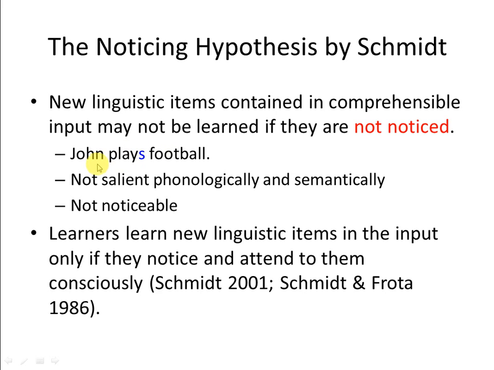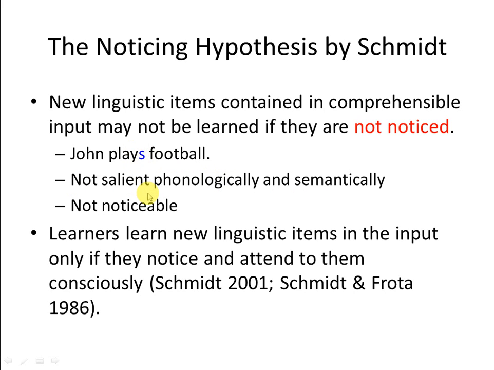So for example, in this sentence, John plays football, we have third person singular s. But usually third person singular s is not salient phonologically and semantically. So it is not salient in sound and in meaning. It doesn't have any meaning. And phonologically, it's weak.